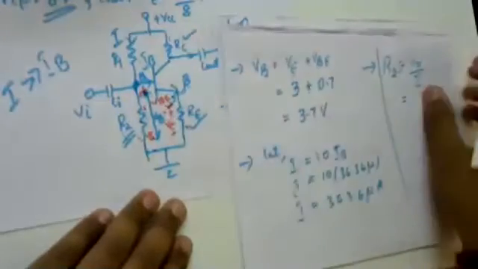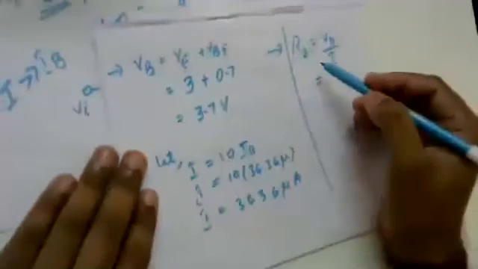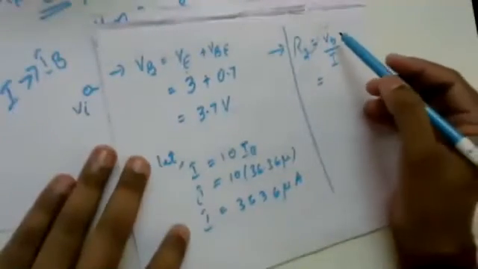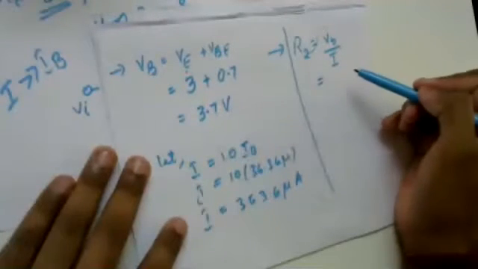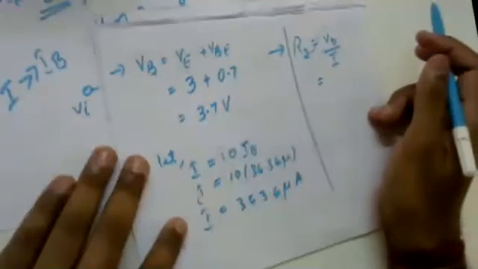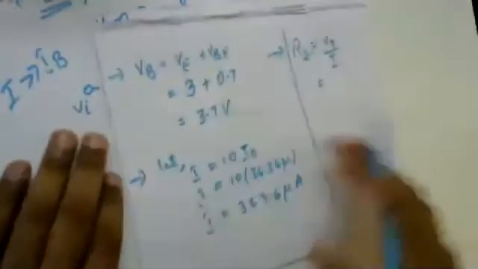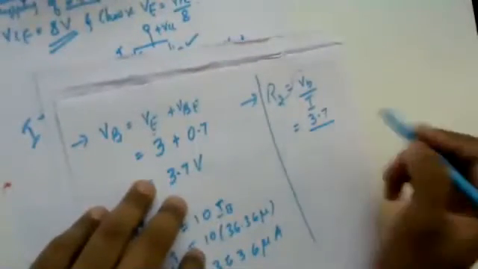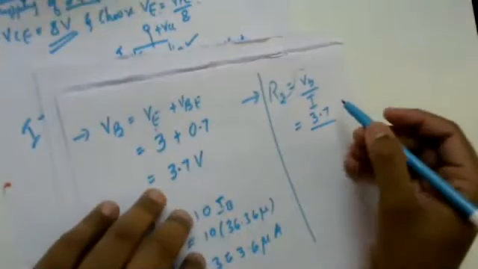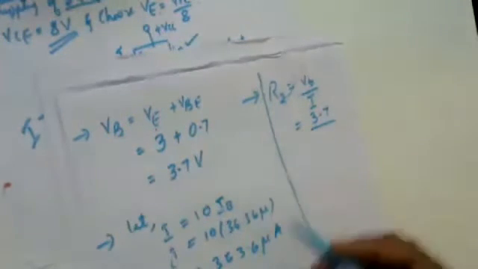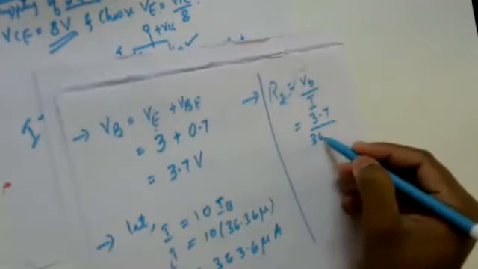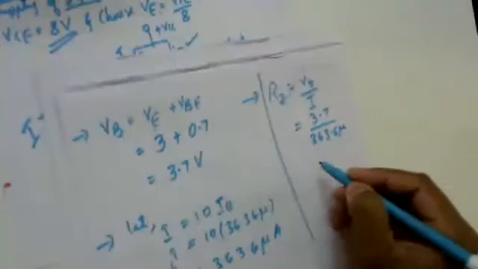So your equation for R2 is VB divided by I. So we know the value of VB, which we have just computed. The value of VB is found to be 3.7 volts, divided by the value of I. The value of I is found to be 363.6 microamps.